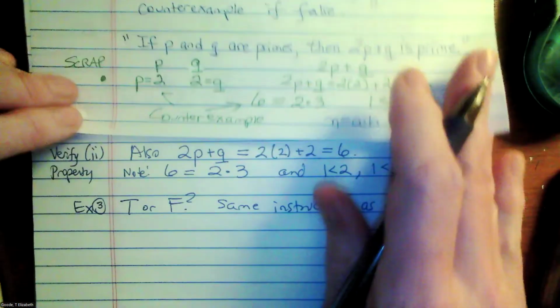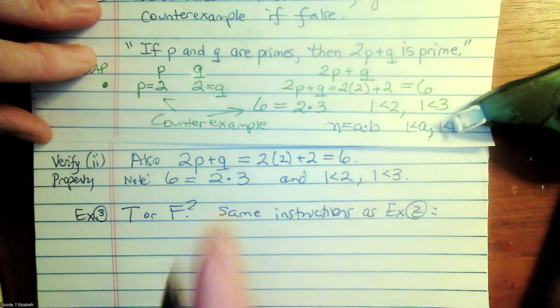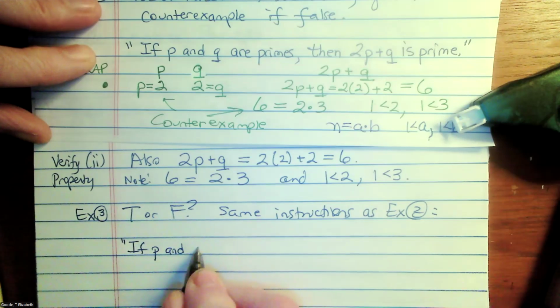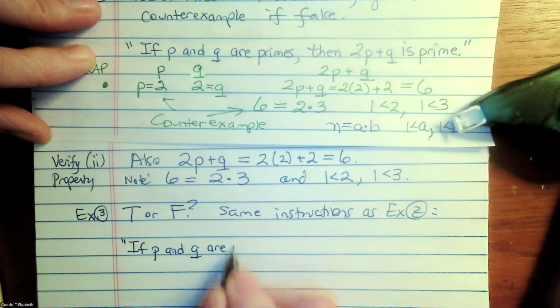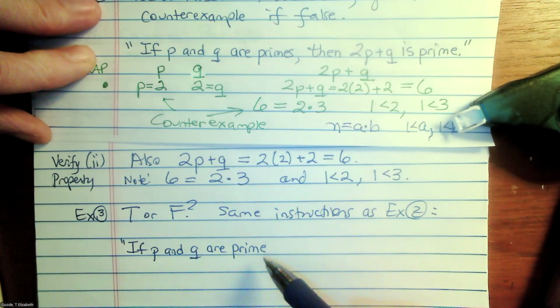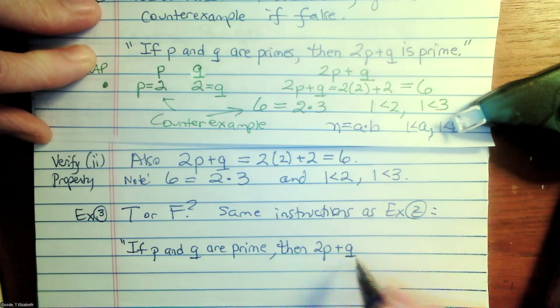Here, I'm going to give a similar statement just to make a point. If P and Q are prime, or primes, you can actually say it either way, singular or plural. It's a weird word that way. Then 2P plus Q is composite.